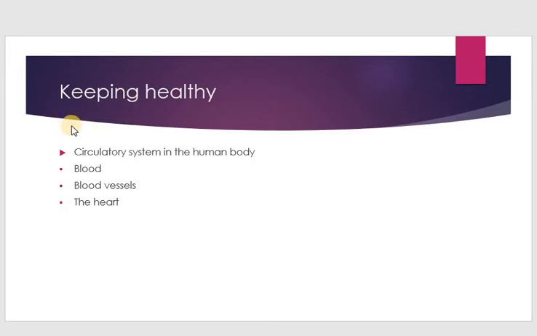The topic we are going to discuss in this video is the circulatory system in the human body. It consists of blood vessels and the heart. Today we will cover, inshallah, blood and blood vessels.